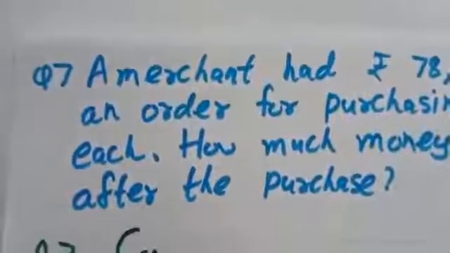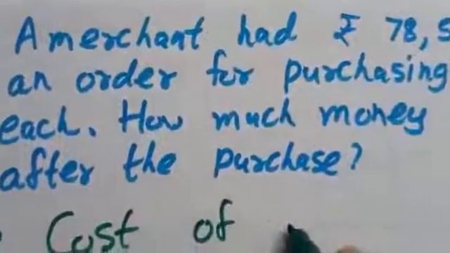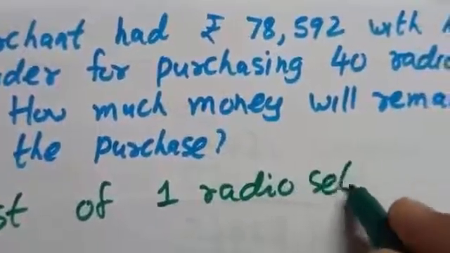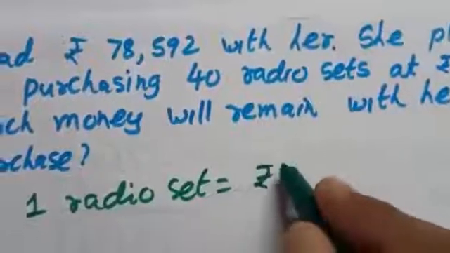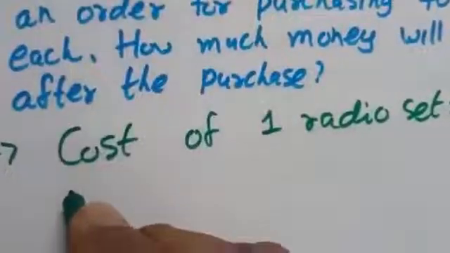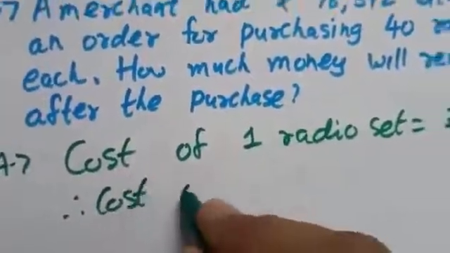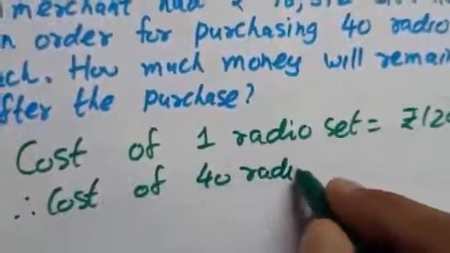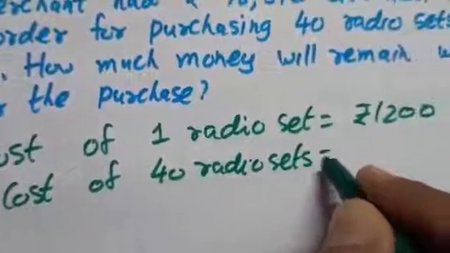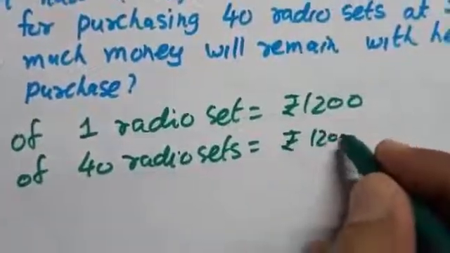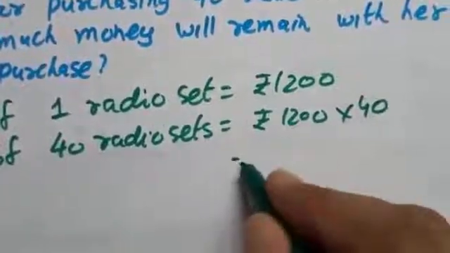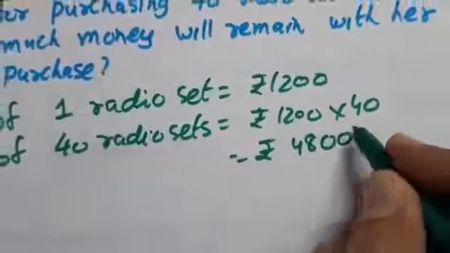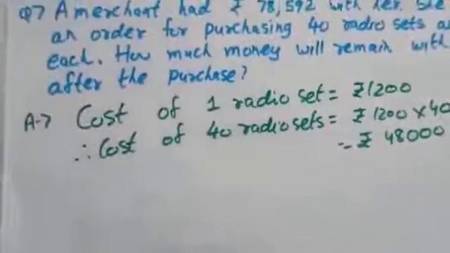We will write the cost of one radio set equals rupees 1200. Therefore, the cost of 40 radio sets equals 1200 multiplied by 40. So 12 fours are 48, 3 more zeros, that is 48,000.